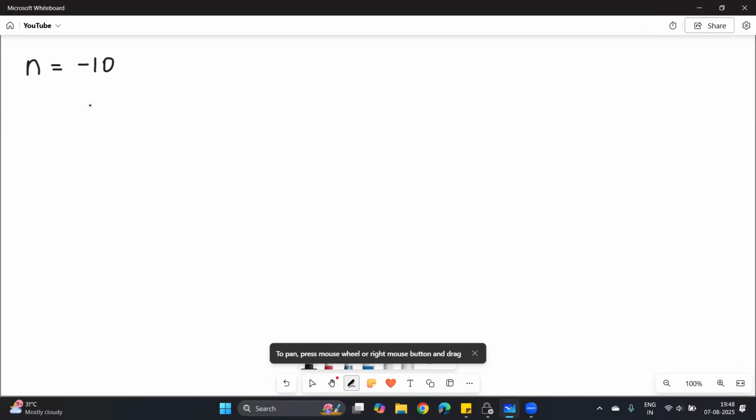Now let us see an example of a negative number. First we have to find the binary digit. How we find the binary digit is, first we find the binary value of plus 10, that is 00001010. When we find the negative number, we should check the presence of 1 from the last.